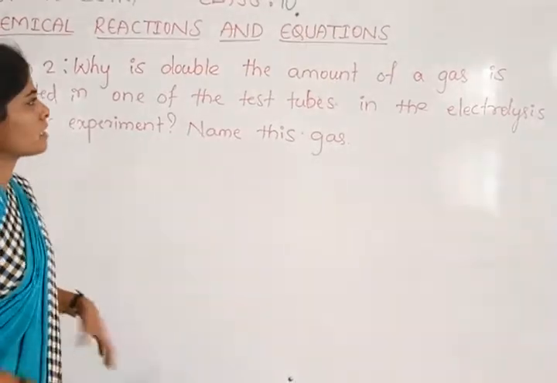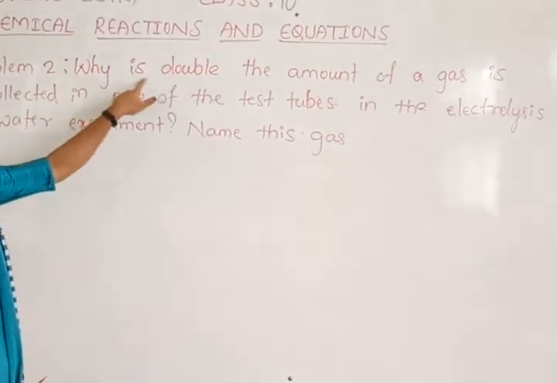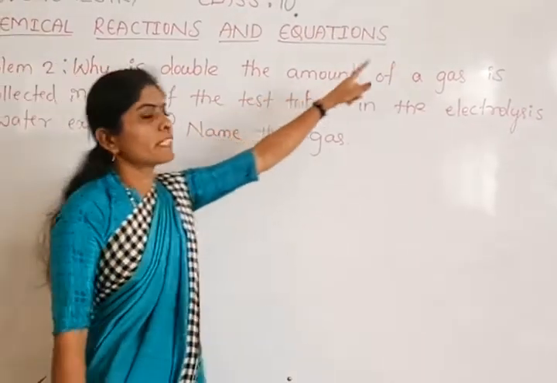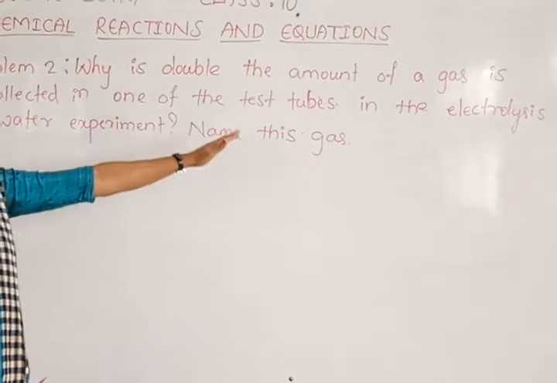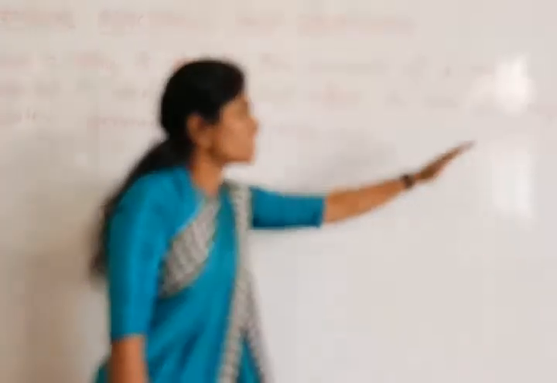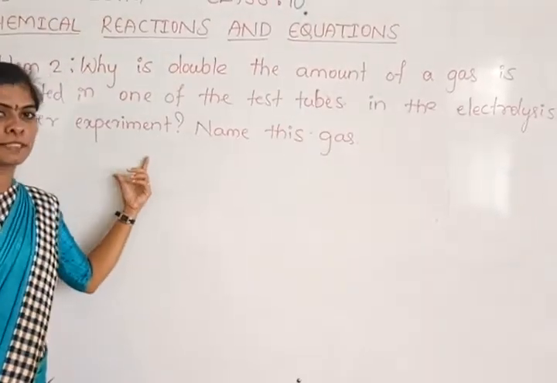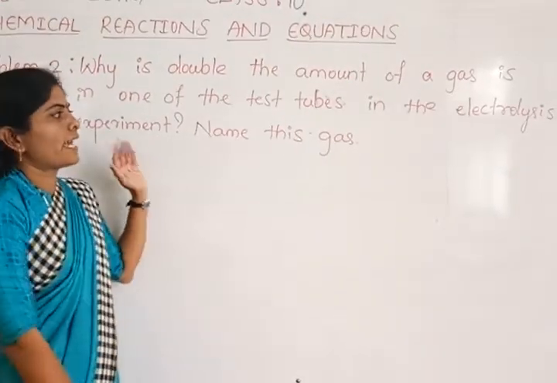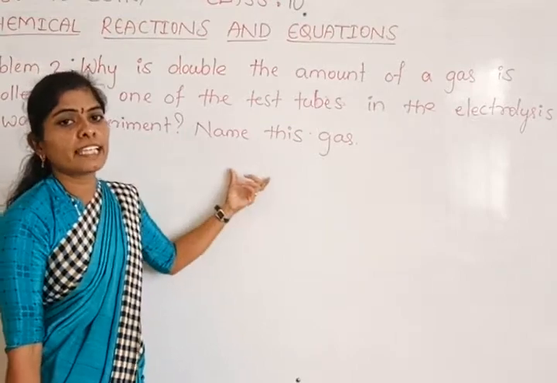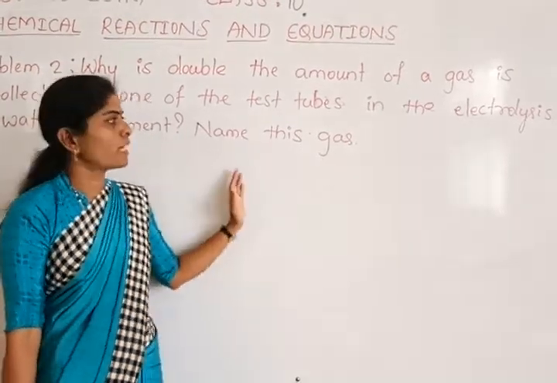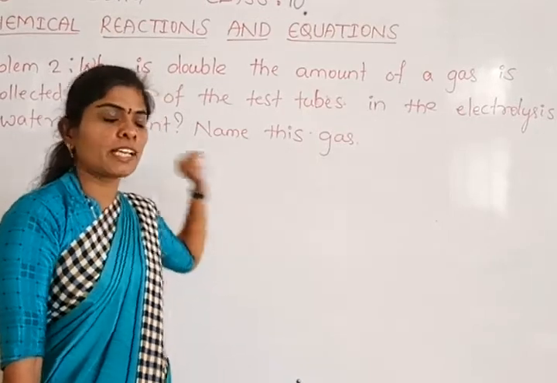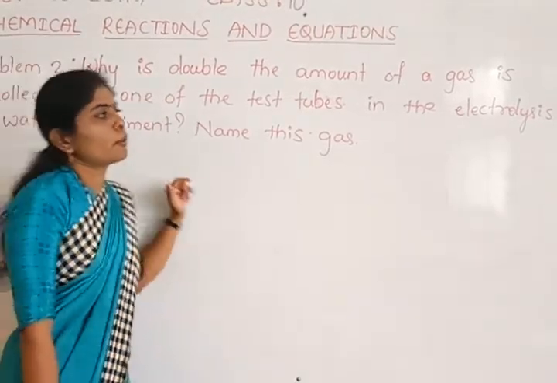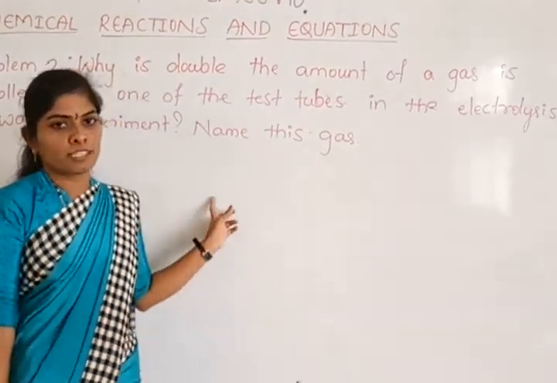What's the question asked here? Why is double the amount of gas collected in one of the test tubes in the electrolysis of water experiment? I explained in the decomposition reaction that it is one of the examples of decomposition reactions. In that we learned about the electrolysis of water.